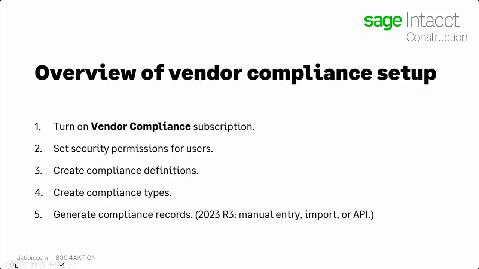And then the next two pieces, in this order: create the compliance definitions and then create the compliance types, which will be linked to those definitions. There are three different ways that you can generate the compliance records: through manual entry, import, or through the API.